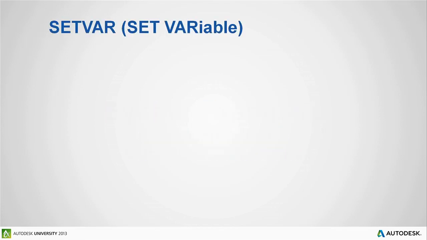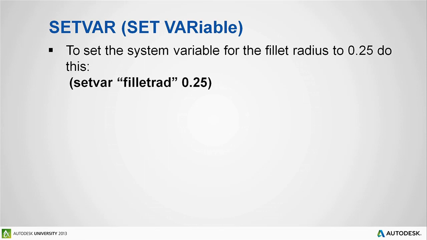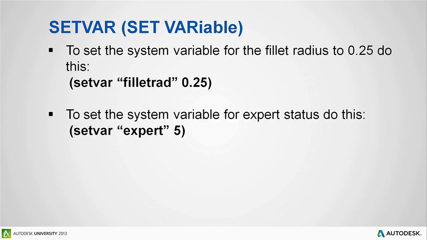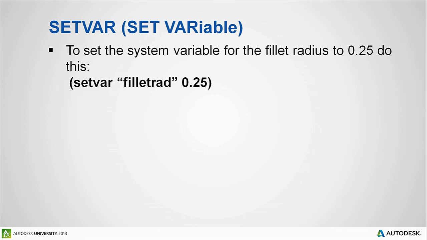So the first thing that I do is I take a look at any kind of variable or command default behavior that I want to control. Here's just a simple starting example. You could take any system variable and set it through Lisp like that. So the next time the user uses the FILLET command, what radius are they going to get? 0.25. That's probably not something I'd actually do, but it illustrates the concept.